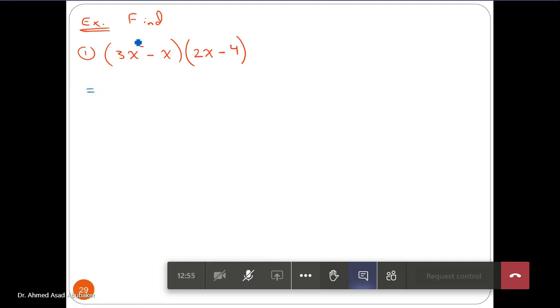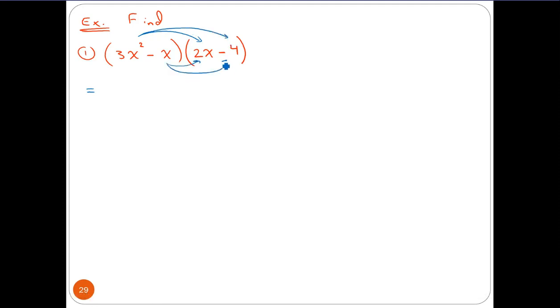We must multiply each term in the first bracket with all the terms in the second bracket.